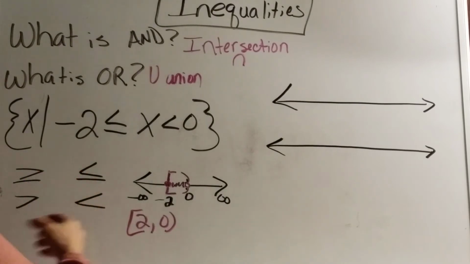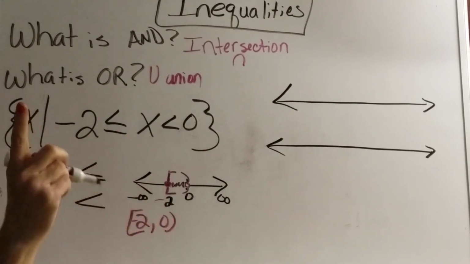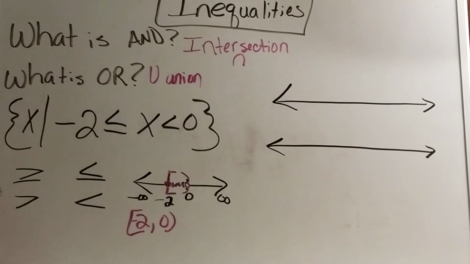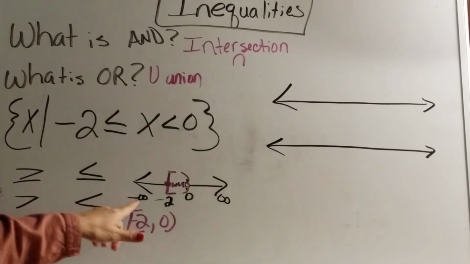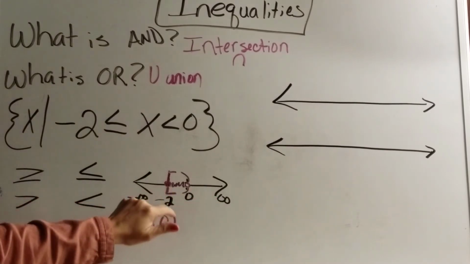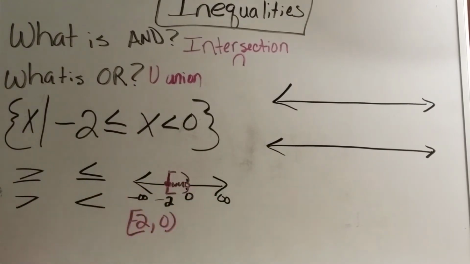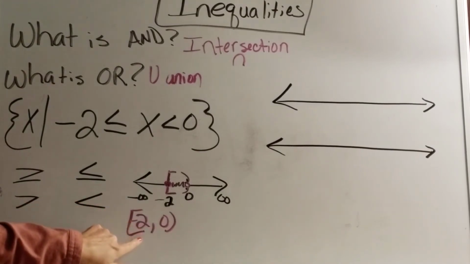Excuse me, guys, I left off the negative sign. We always read left to right. The smaller number comes first. If you ever have infinities involved, it's always going to get a parentheses. It's always open on infinities because we cannot put a stopping point on infinity. So this would be my interval notation.